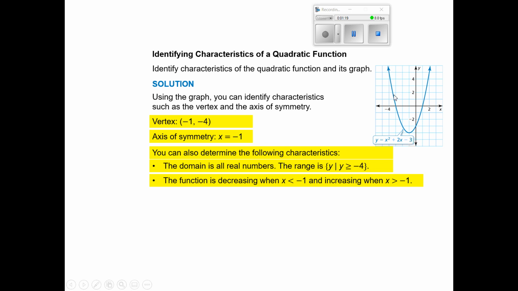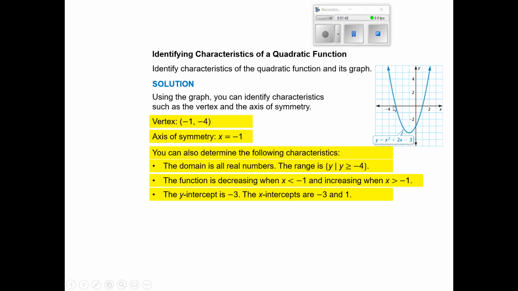The function is decreasing when x is less than -1, right? Less than -1, it's going down. That means it's increasing when x is greater than -1. We also know that the y-intercept is -3, and the x-intercepts are -3 and 1.